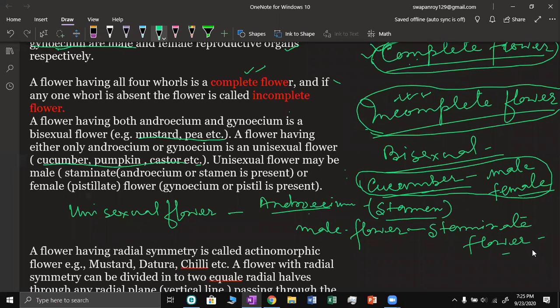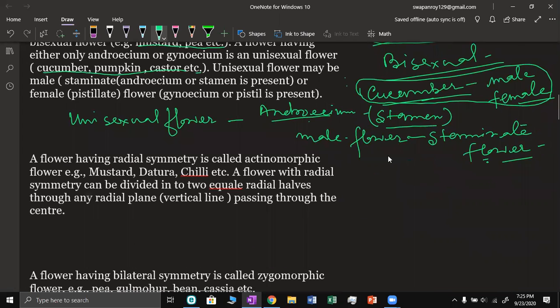In case of pumpkin and cucumber, you will find that there are many flowers which do not bear fruit. That is because they are male flowers. And some flowers bear fruit, they have the gynoecium.